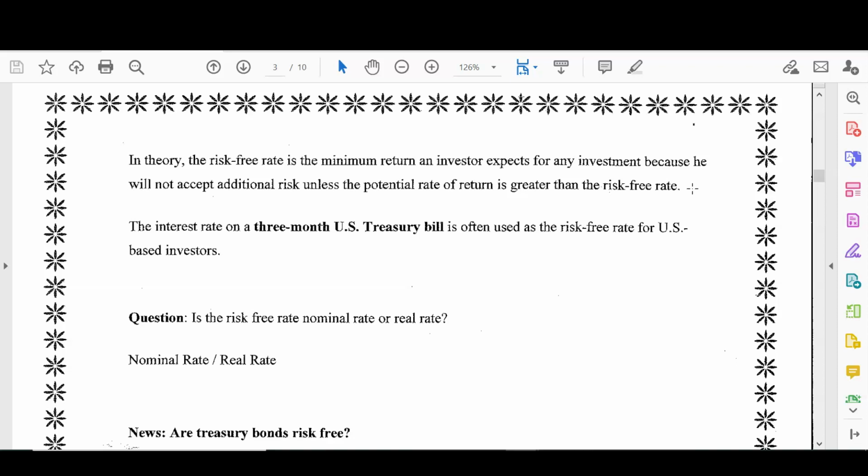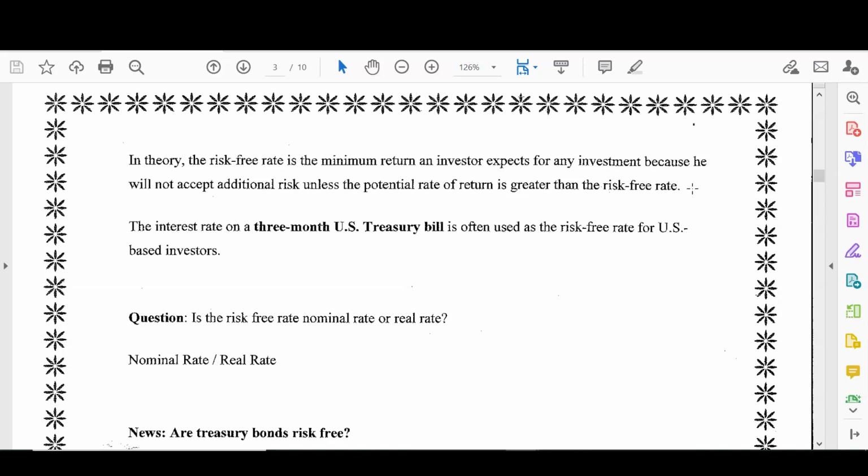For investments that are of higher risk, investors usually require a higher return to compensate them for undertaking the additional risk. So usually we say that when we see an investment target that is of no risk at all, it should have the lowest return.